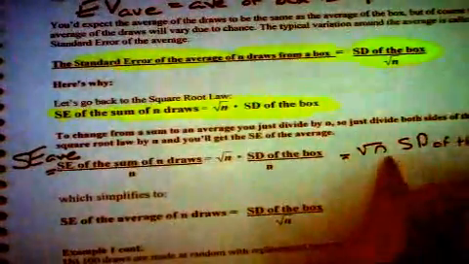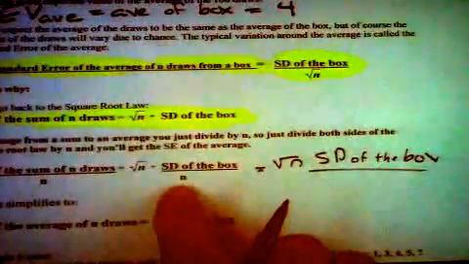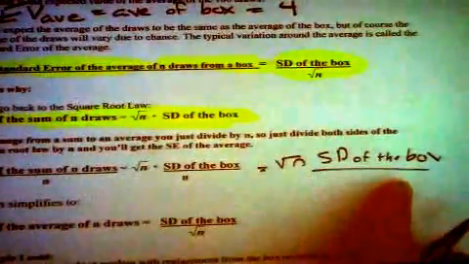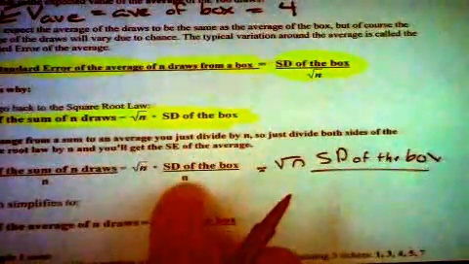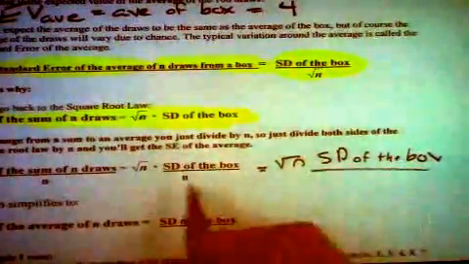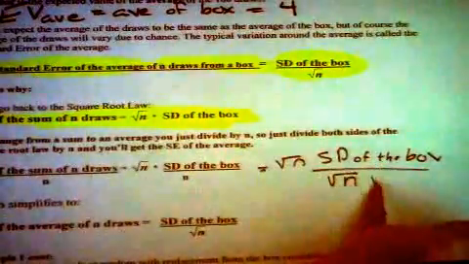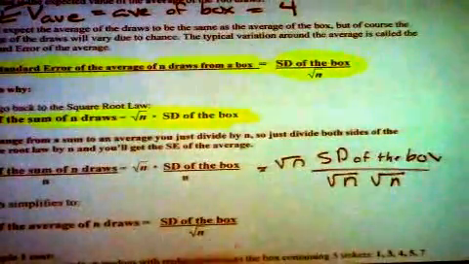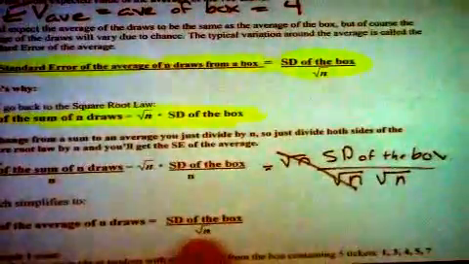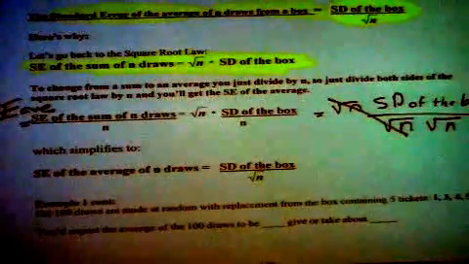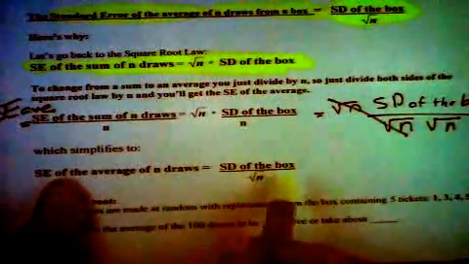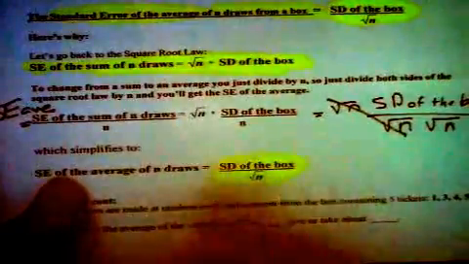And instead of writing n, let's say this was 25, I could write it as the square root of 25 times the square root of 25, 5 times 5, right? So I can rewrite n as the square root of n times the square root of n. I'm only doing that so that I can cancel this, and now you see how you get that formula. So it's pretty easy to remember. When you take an average, you're going to divide by the square root of n.